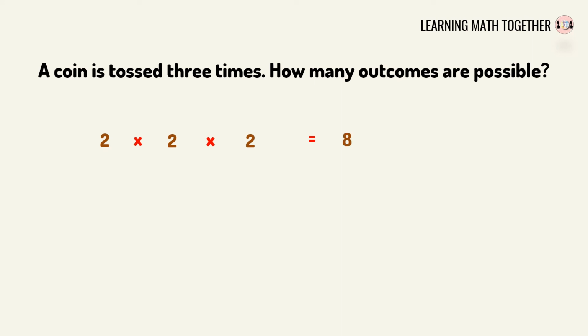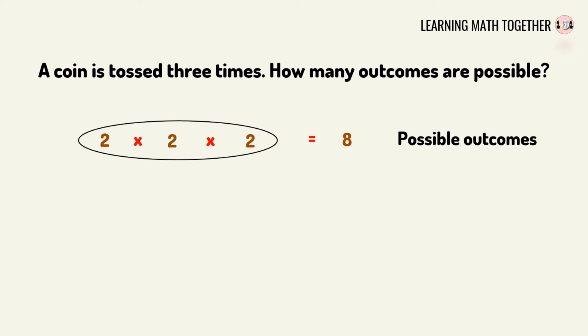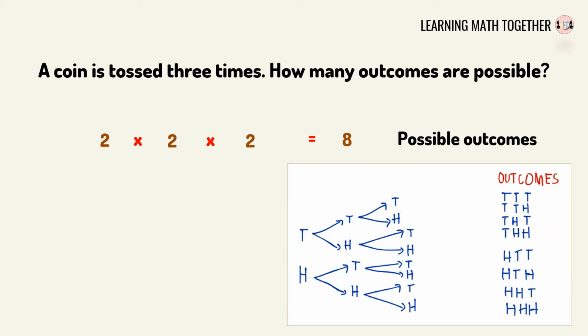That means we have 8 possible outcomes in tossing a coin 3 times. The reason why we have multiplied 2 3 times here, because this is the number of times that we tossed a coin. So that's why we have multiplied 2 3 times. So if we do it in a tree diagram, here are the possible outcomes.